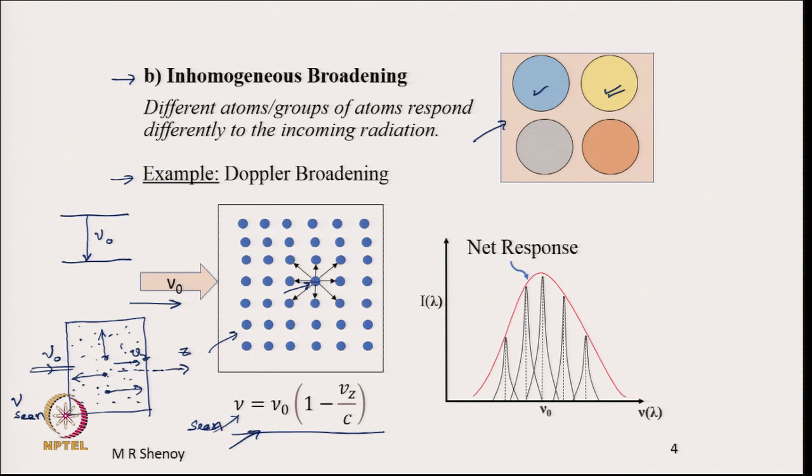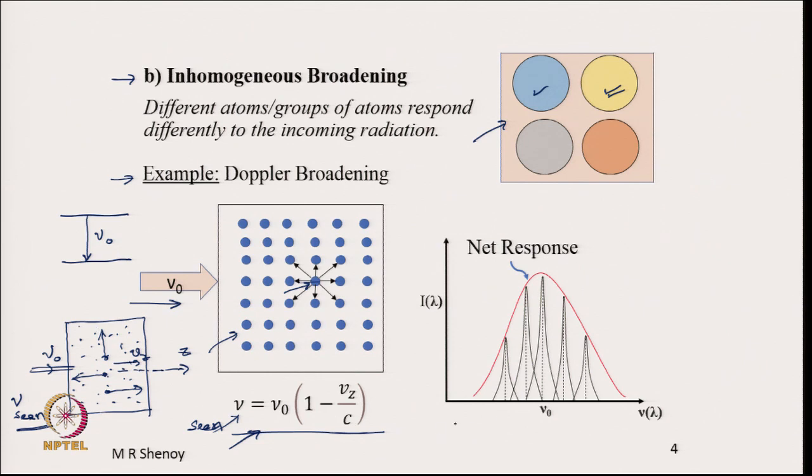But because the atoms are moving in different directions, they see the incident radiation nu 0 as different frequencies. If the frequency seen is different from the actual resonance frequency, it will not interact, or the strength of interaction will be different for different groups of atoms.